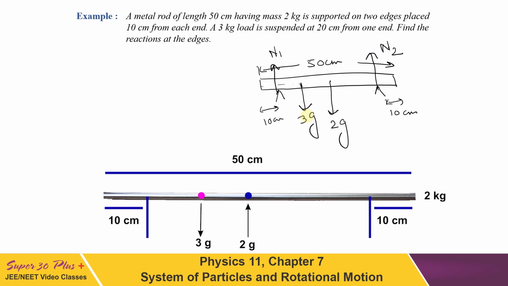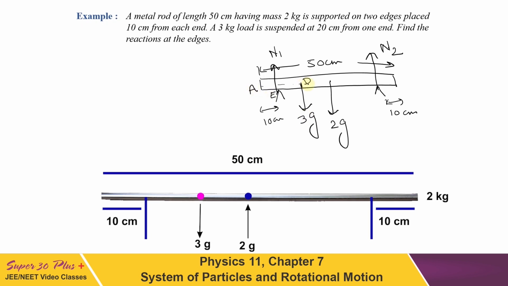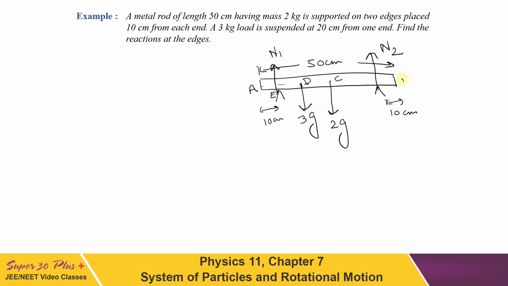Now we have to apply the principle of moments. Let us first locate the points. Let this end be A, this point be D, this center be C, the other end B, and this one the other edge F.